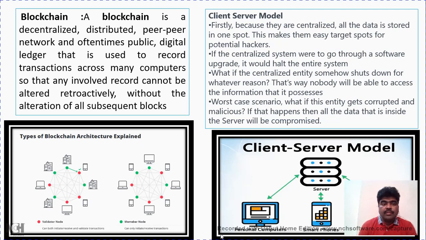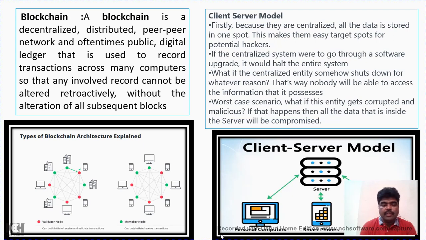The blockchain is a decentralized and distributed peer-to-peer network, and it is a public network. In a blockchain network, there are several nodes interconnected together in a peer-to-peer manner, where they can directly exchange data within the network.